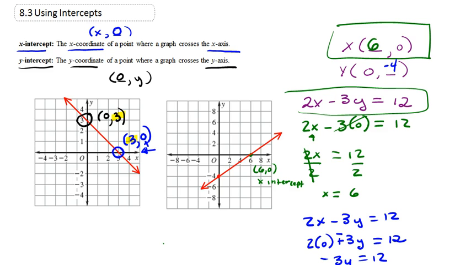Okay, so this represents this equation's line. I've identified my x-intercept and my y-intercept.